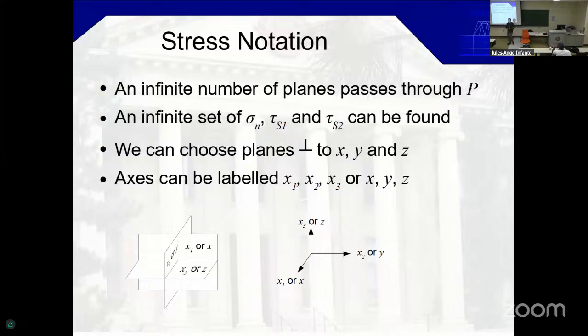So we need to identify whether the stress is a normal stress or shear stress, and we need to identify the plane on which it acts. So typically we can have X, Y, Z as a formal notation, or we can call it X1, X2, and X3. Why would we call them all X?